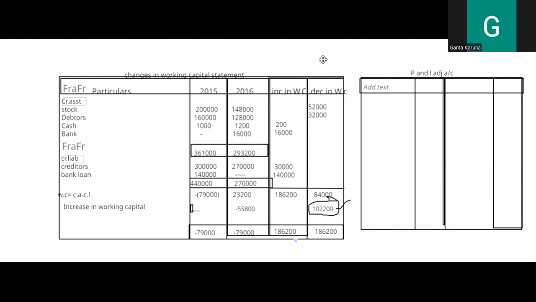Again particulars, and here again amount.